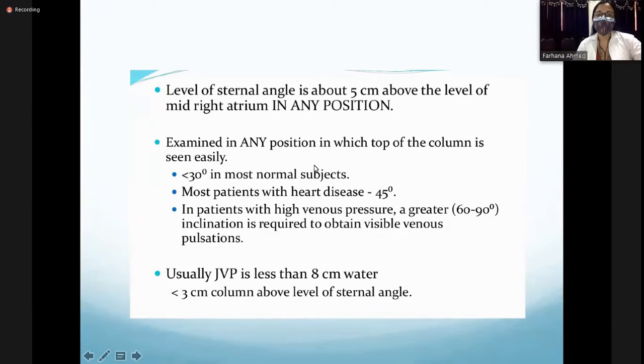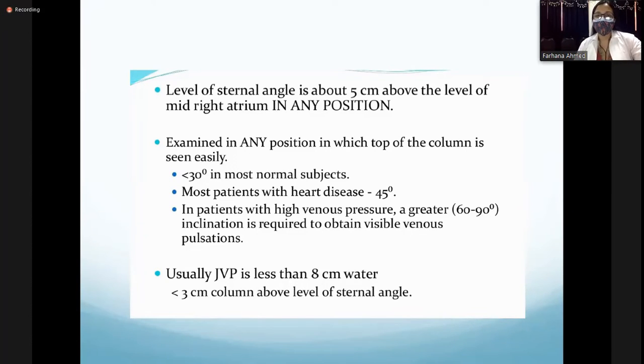And what would be the patient position? It was seen that in a patient with heart disease, a 45-degree angle is more accurate to examine the pulse, to see the pulsation, and to measure the upper limit of the JVP. In heart disease, 45 degree is more accurate, but in a normal person who does not have heart disease, you can examine the JVP in a less inclined position, like less than 30 degree.